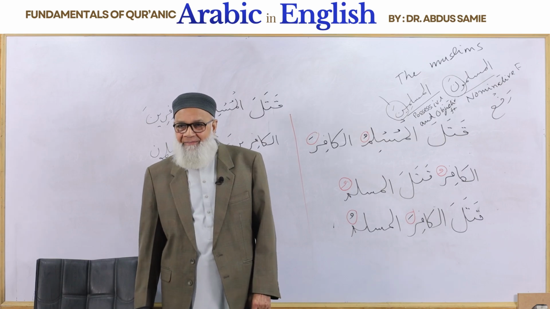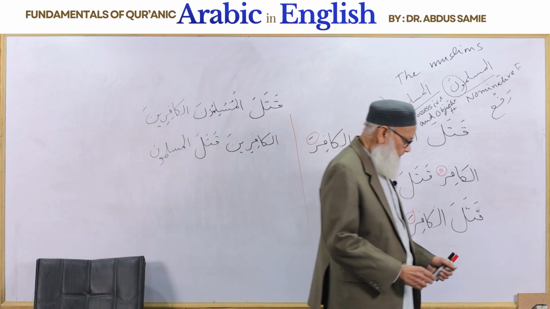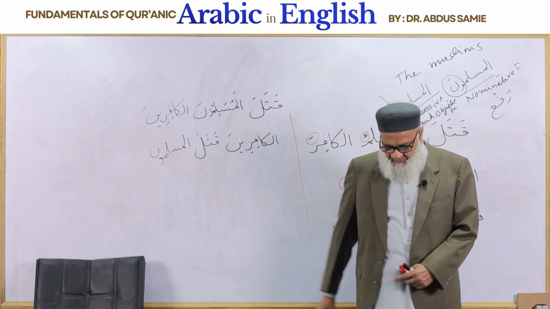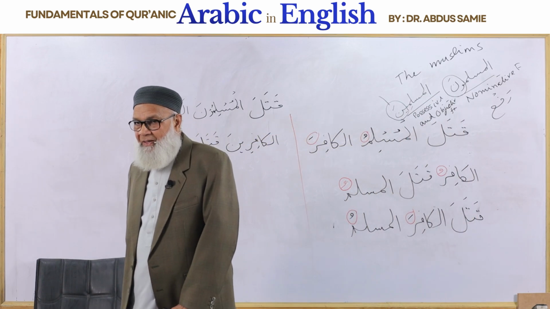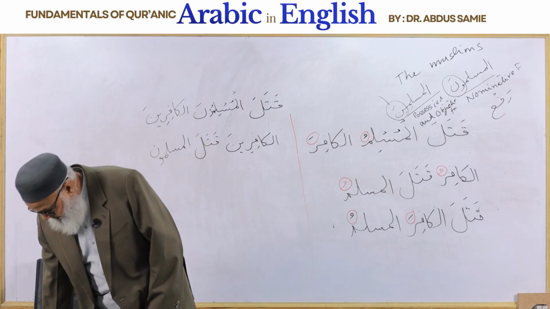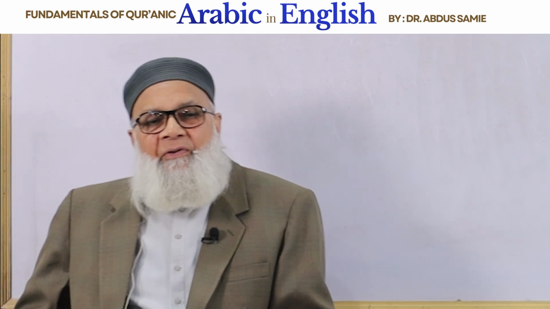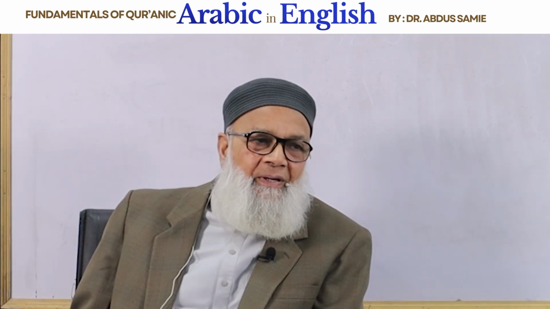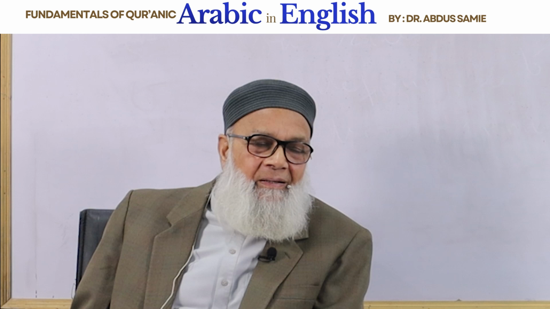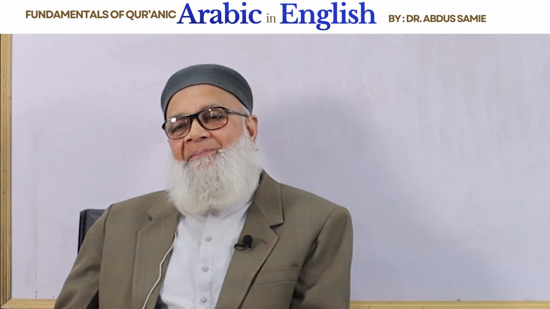Could I make it clear? Any question about it? This is very important, and I'm very particular about i'rab. As I shared with you, I believe that this confusion has caused the Arabic language to be difficult to understand.